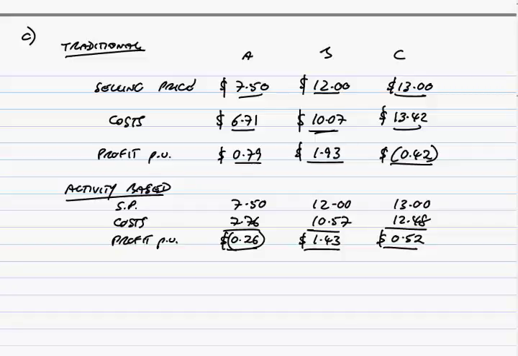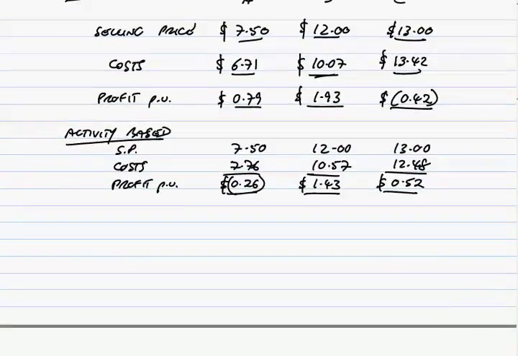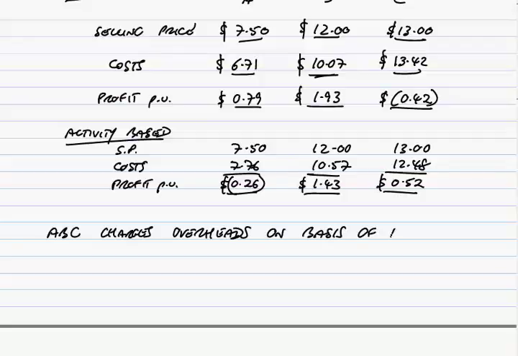Now, why is it happening? The points you should make, the points you must make, excuse me, are that activity-based is much more what you might call accurate. Activity-based costing charges overheads on the basis of how they're used. That's point number one.